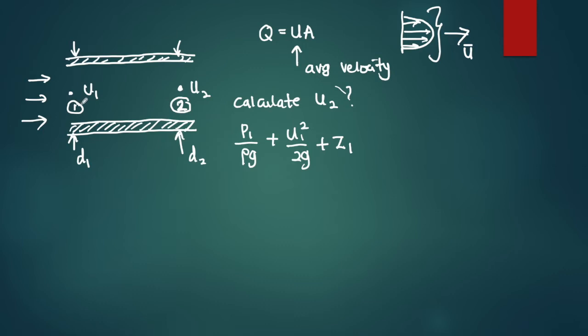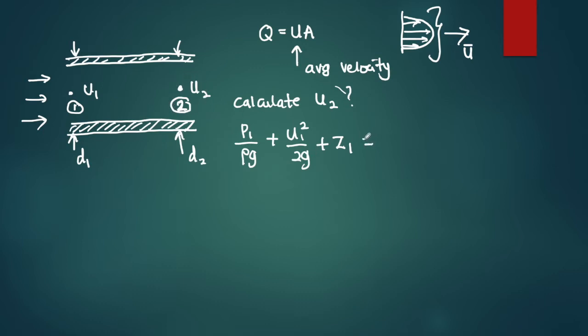We know that in steady flow there is no accumulation. Therefore, in the energy balance, the conservation of energy, whatever energy is at section 1 goes to section 2.